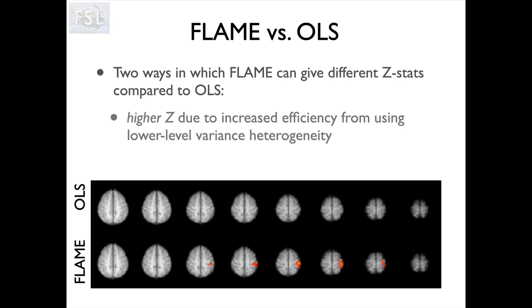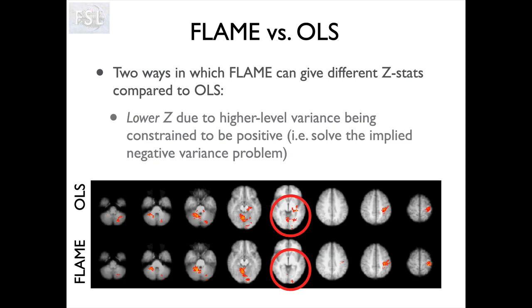And so if you look at the results from FLAME versus OLS, there are two different things which could happen. You could end up with more statistically significant results in FLAME rather than OLS because it's better at adapting to heterogeneity, whether it's different variances in different groups or different design matrices. That's a very beneficial thing for FLAME. However, the opposite could also happen. You could also end up with less activation.